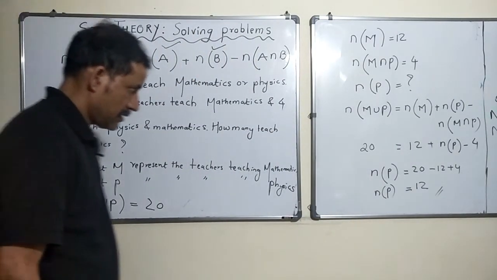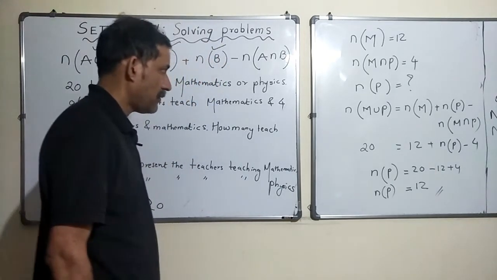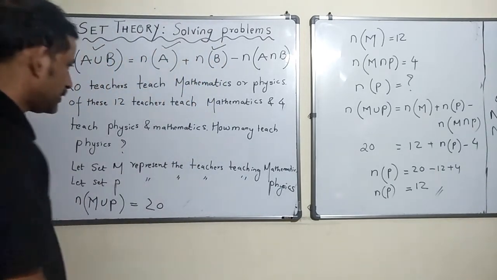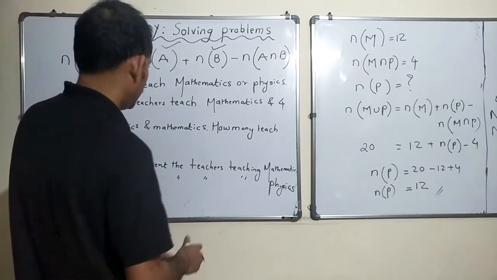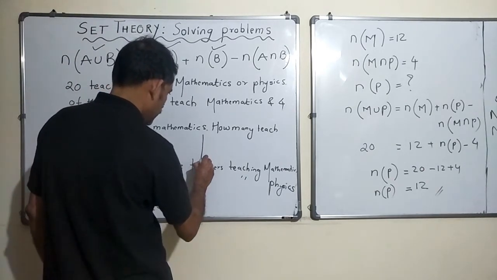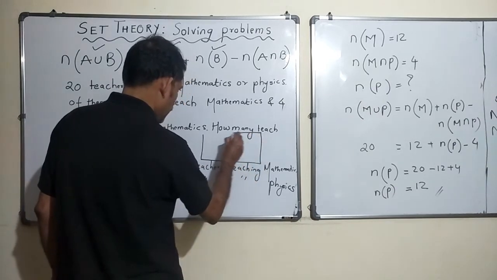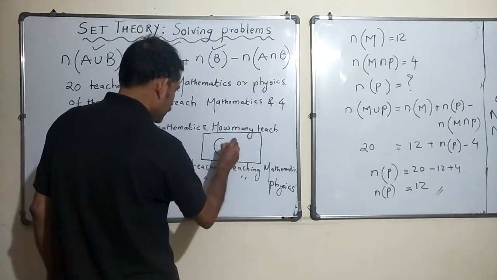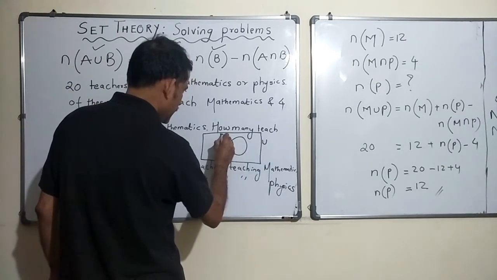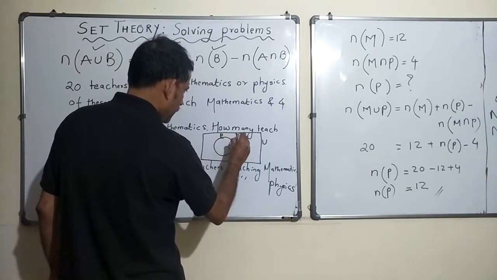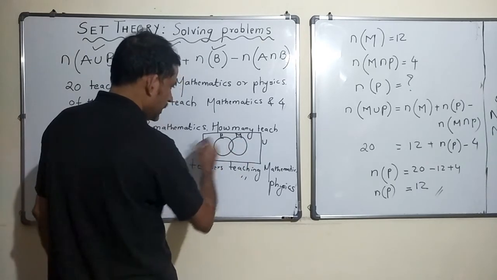Great. Do you want a Venn diagram on this? We can do that. Shall I draw here? This is the universal set. This is P and this is M, physics and mathematics.